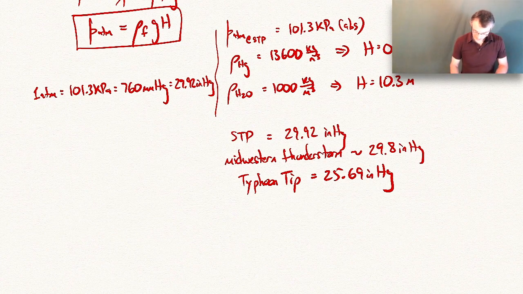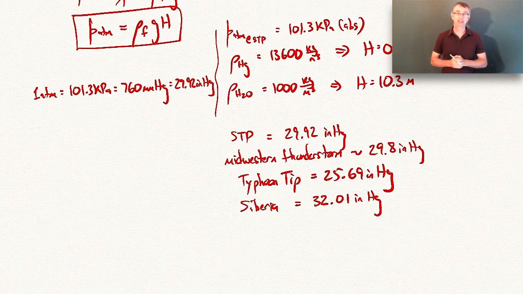Now, the highest atmospheric pressure occurred in Siberia, just to show you the opposite side of it. It occurred back in, I think it was 1969, and that atmospheric pressure was 32.01 inches of mercury. So that's the highest atmospheric pressure that's been recorded. It was a very cold, clear, dry day in Siberia, with a temperature of something like minus 50 degrees Fahrenheit.